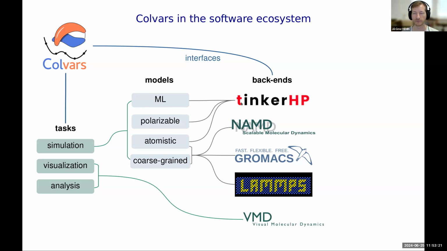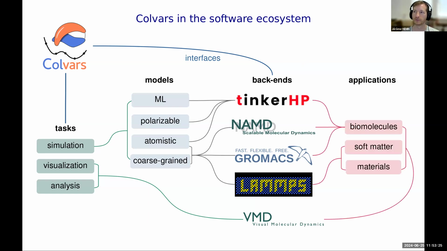Because they have these different features, they're also used by different communities to model different types of systems. A lot of these are targeted towards biomolecules, but LAMMPS is more targeted towards soft matter materials, even though you can do that with NAMD as well. So that way, Colvars can serve a very broad community.